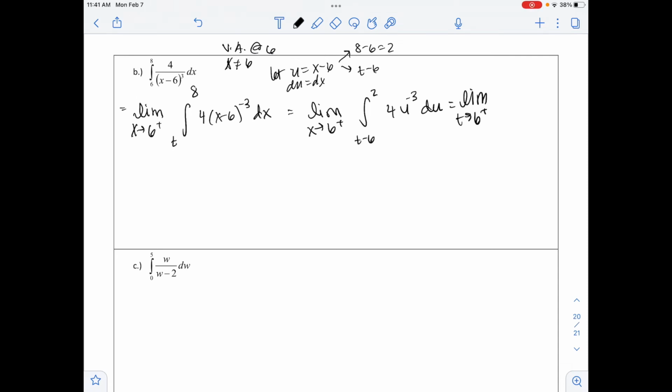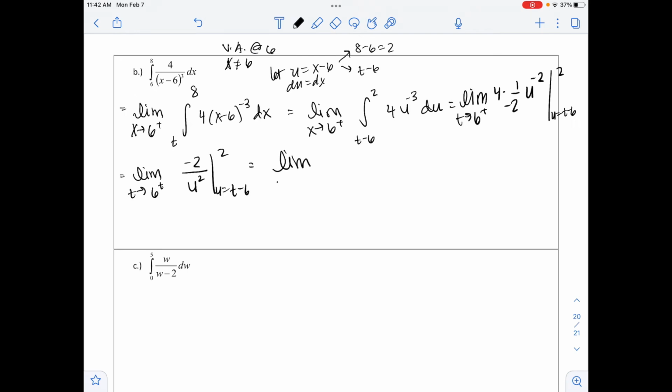Integrating this, we have 4 times, and this is going to become u to the negative 2 times negative 1/2, evaluated from u equals t minus 6 to 2. And so we get the limit as t approaches 6 from the right, and then rewriting this, we get negative 2 over u squared, evaluated from u equals t minus 6 to 2.